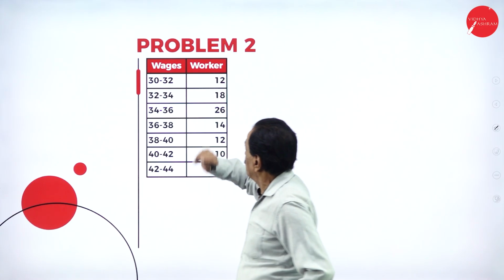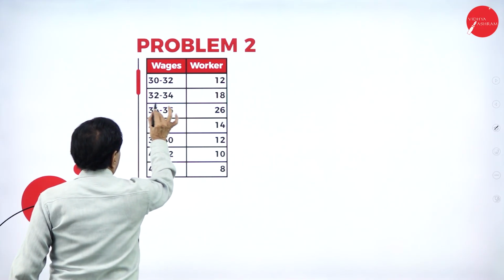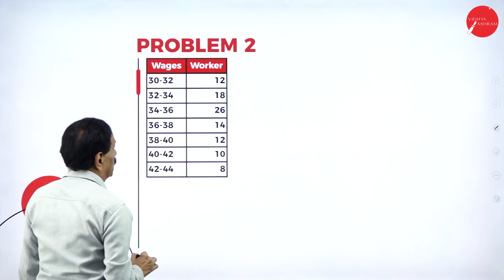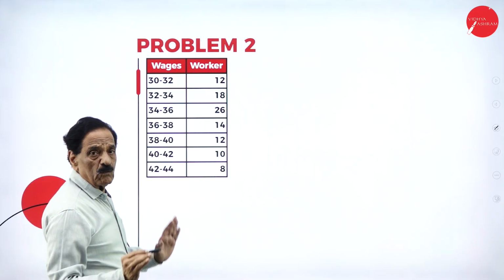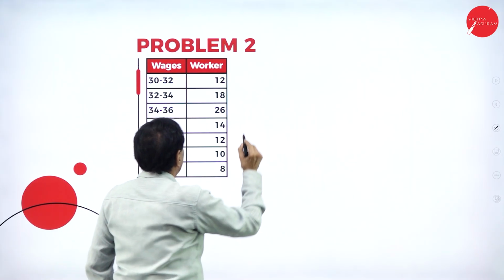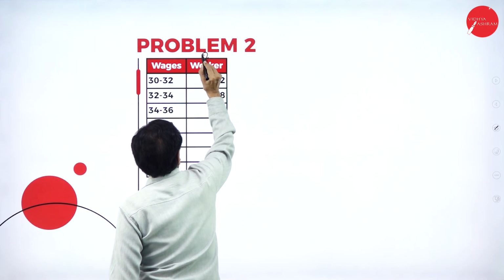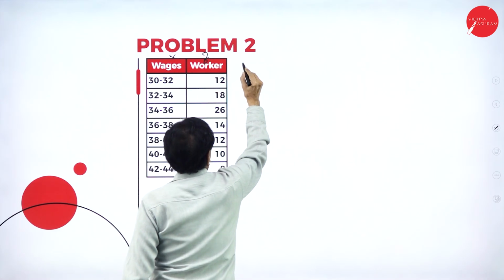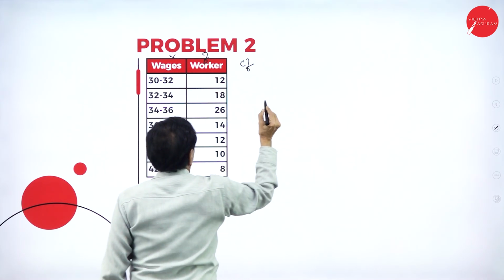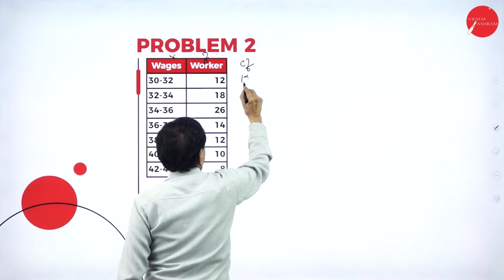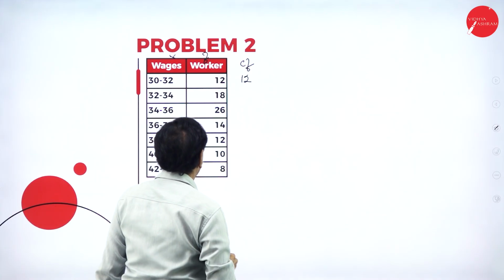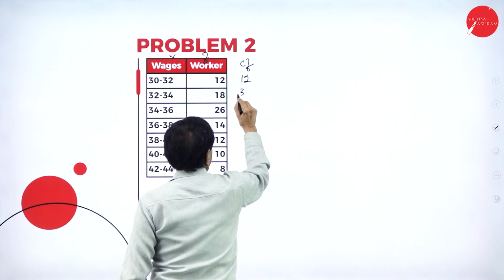So next problem: 30 to 32, 32 to 34, 34 to 36. Now we have to calculate only Boyle's skewness. Convert into CF. You consider as F. This is X, CF. 12, 18, 30.